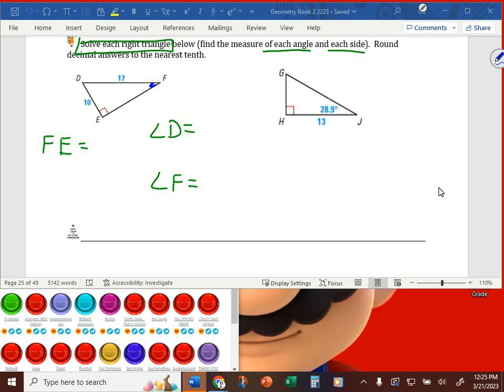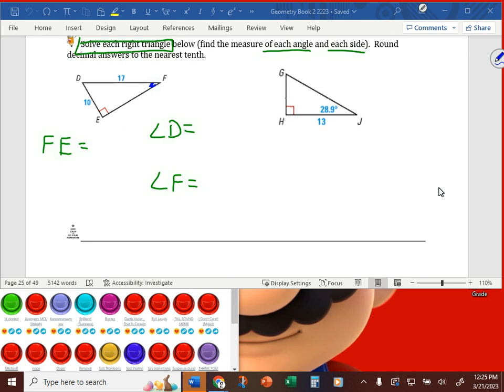So solving for angle F, what are you going to use? You see that 10 is the opposite, and 17 is the hypotenuse. So we've got the opposite and the hypotenuse. Which ratio uses opposite and hypotenuse? Lexi?